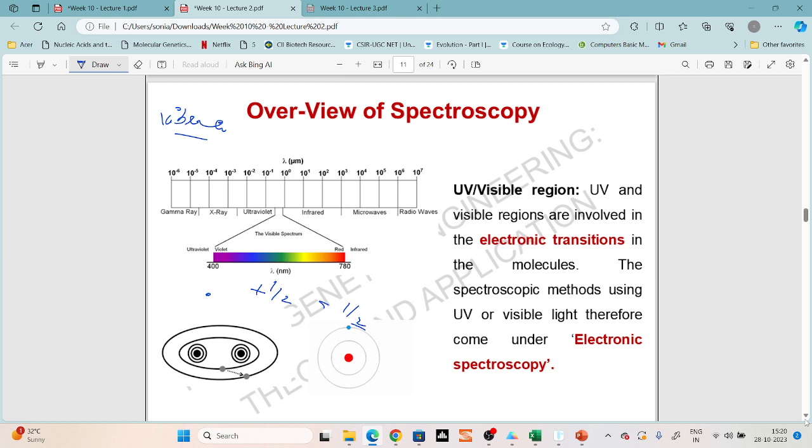So electronic transitions mean moving from one state to another, from ground state to excited state, or again coming from excited to ground, it depends. For that, the energy that corresponds comes under the UV visible region.